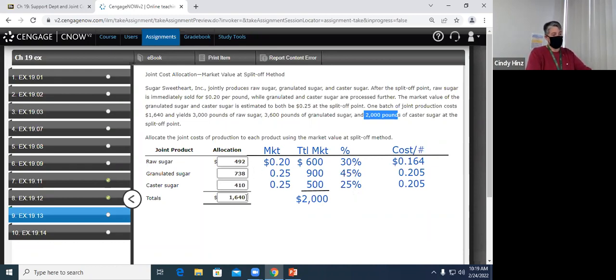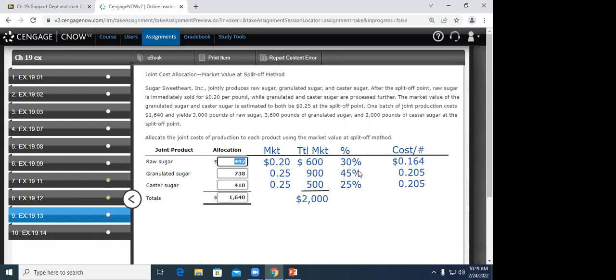So we took the joint costs to be allocated, given right here, one batch of joint production costs, $1,640. That's how much we needed to allocate, and we're going to allocate them based on the percentages in this column. For raw sugar, it's 30% of the total value times the $1,640 in total cost, which is $492.